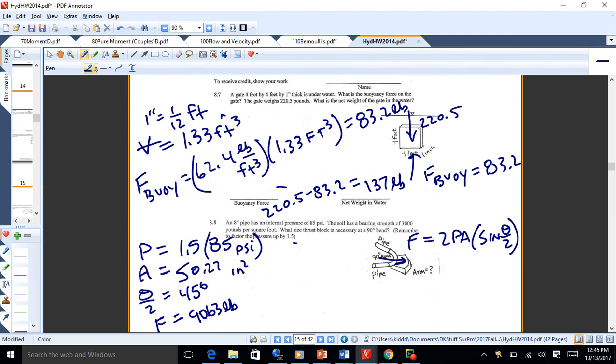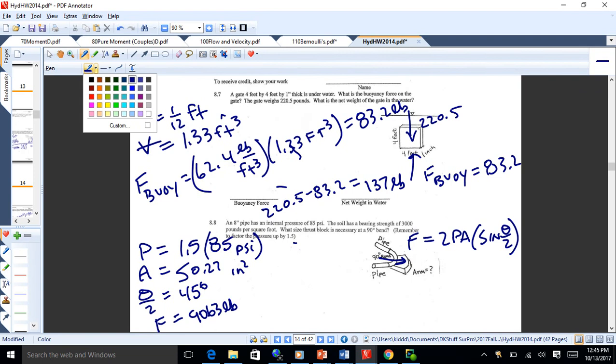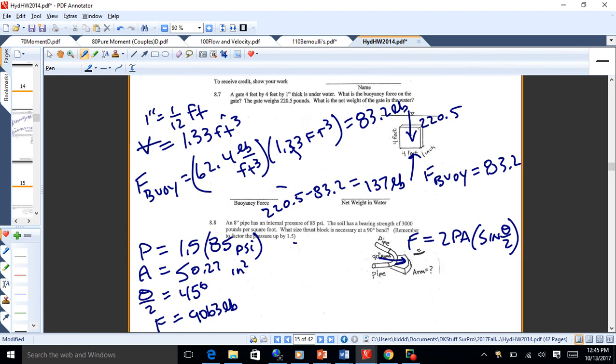So what you need then is the soil to be able to push back to hold that block in place. So you want to know what the area is so that the soil can push back to counteract the 9,063 pounds. So the area will be the 9,063 pounds over how strong the soil is.